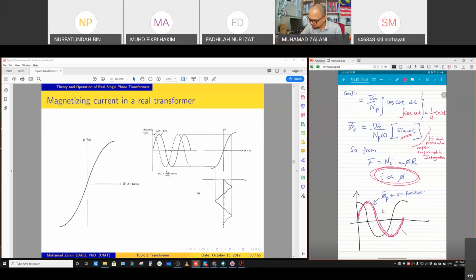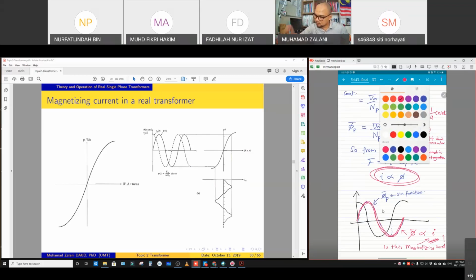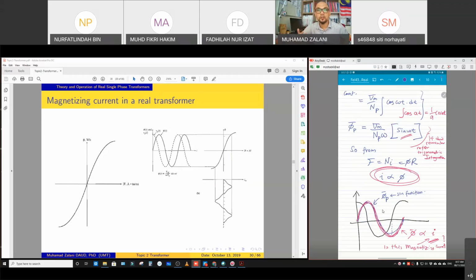This one is phi. We can say this phi is directly proportional to the current. So in this case, is this what we call the magnetizing current? In other words, is this actually the magnetizing current, which looks like a pure sinusoidal function like this?